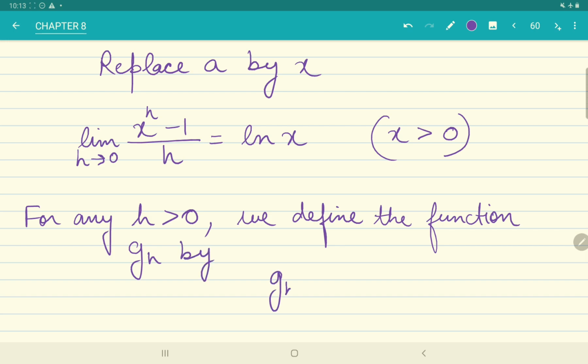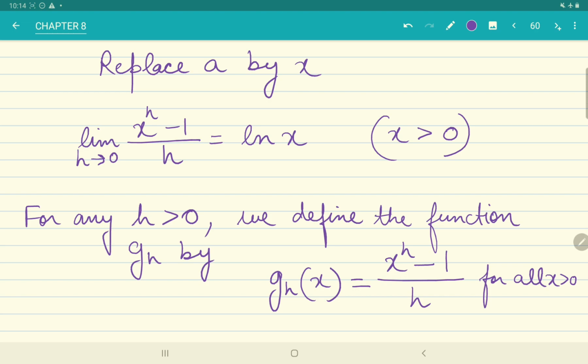So I write g h of x equal to x raised to the power h minus 1 by h. Keep this in mind that I'm taking h greater than 0, and this is for all x greater than 0.